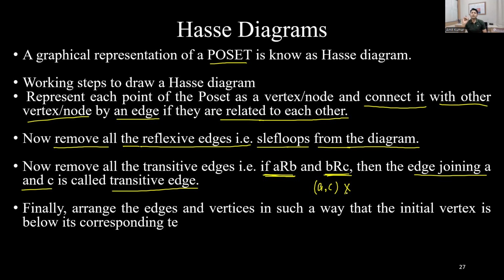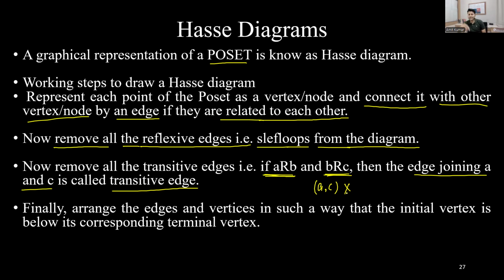One important point over here is that we are supposed to follow a direction, either from bottom to top or left to right. Most of the time we follow bottom to top. Some authors follow top to bottom. What does it mean exactly?